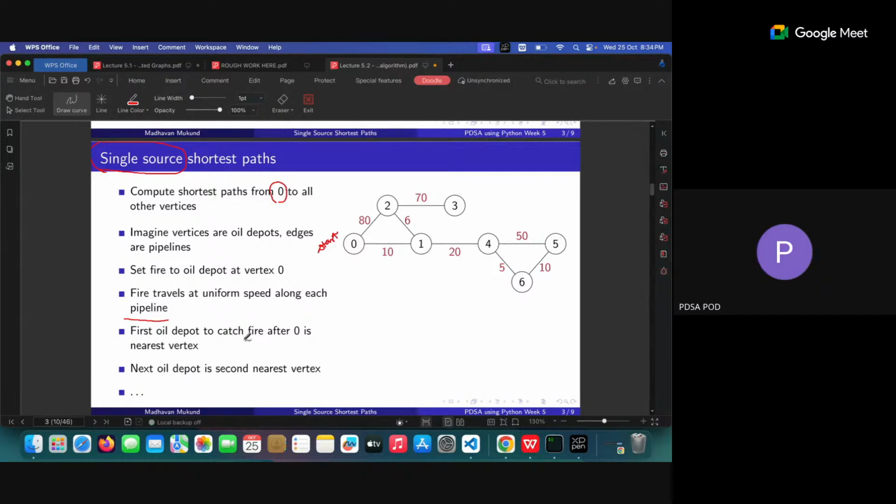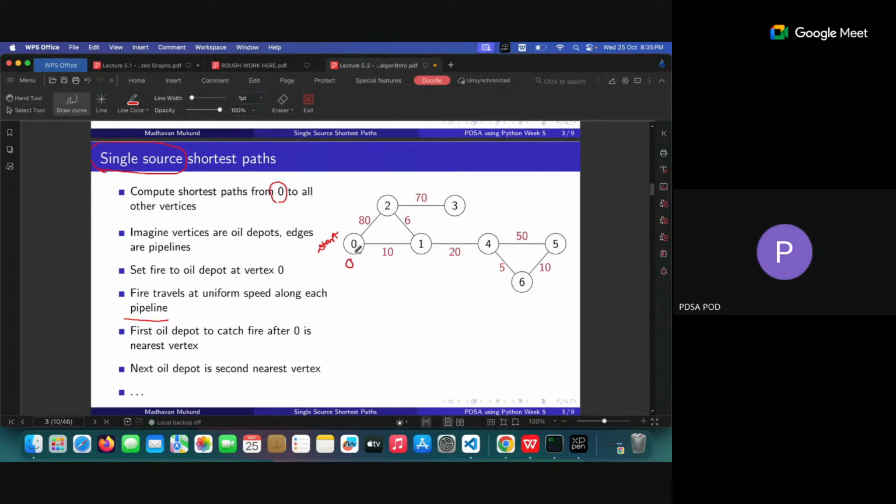First, oil depot 0 catches fire, and there is no waiting time, it is fired immediately, so the cumulative weight or distance is 0 itself.